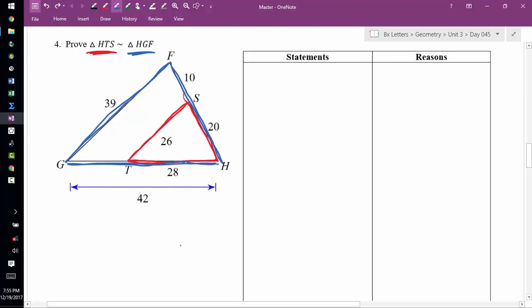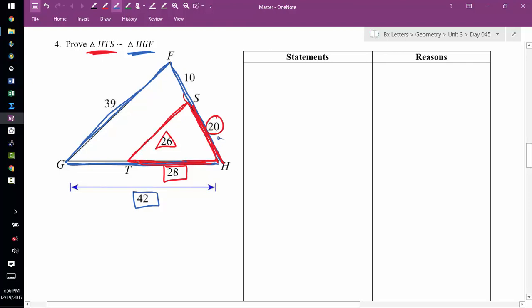It's to take the information they give you such that here's a side of that red triangle, 20. Here's the biggest side, 28 of that red triangle. And then here's the base, which will triangle off. It's 26. And these sides will compare to, like, 28 will compare to or correspond to 42.